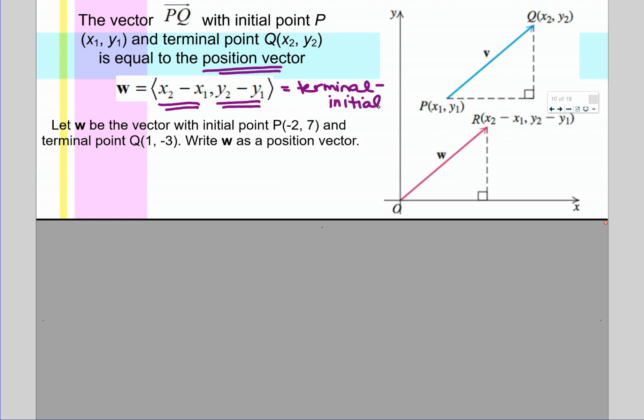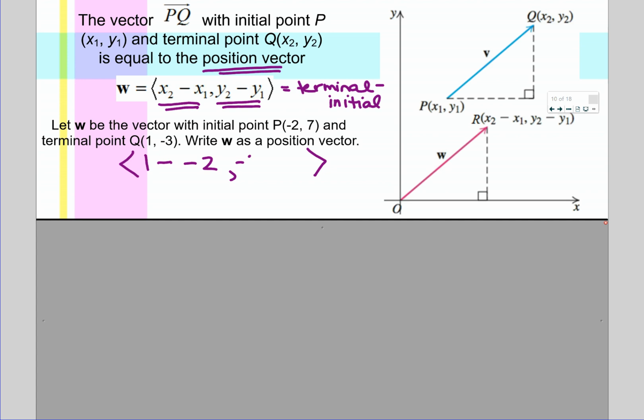It says let W be a vector with an initial point -2, 7 and a terminal point of 1, -3. So we've got this vector floating around. We want to make it a position vector using the formula. It would look as follows. Subtract your x's, make sure it's terminal minus initial. So the x coordinate from my terminal point is 1 minus the x coordinate from my initial point, -2.